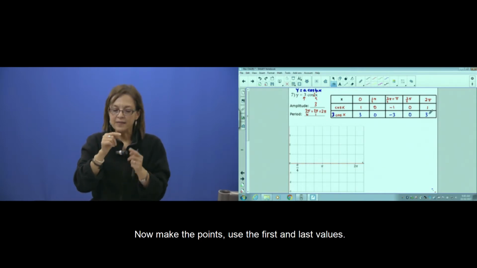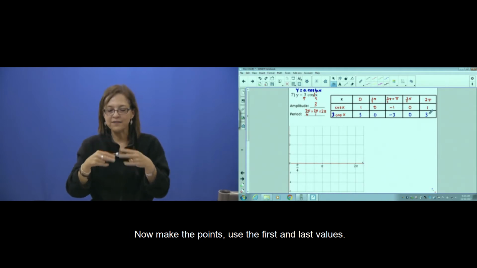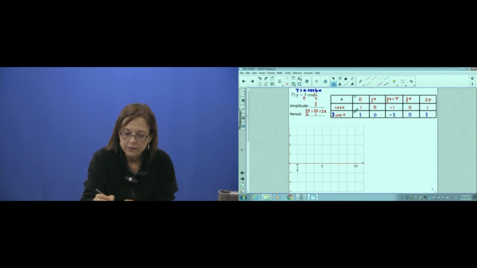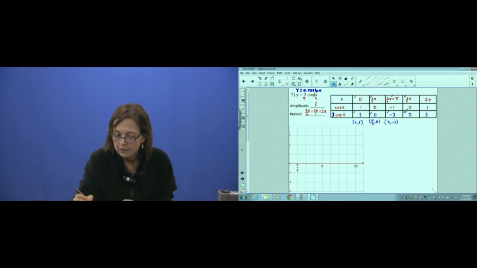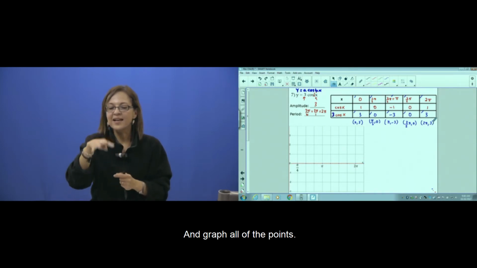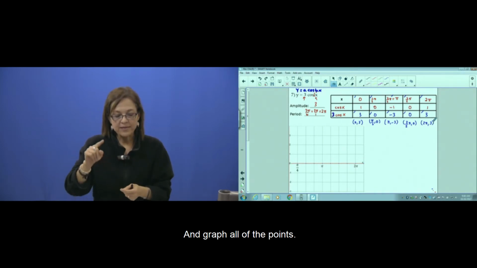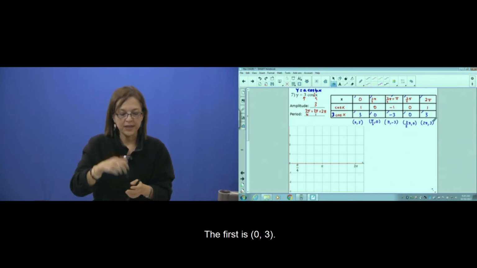Now make the points. Use the first and the last value, and graph all the points. The first is 0, 3.